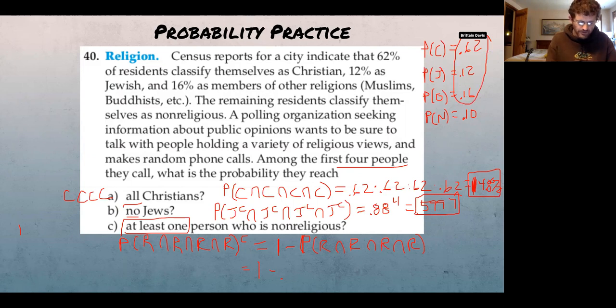That's 0.9 to the 4th power. So once you get the hang of it, it doesn't take a long time to do the calculation. It just takes a little bit the first few times. And I got 0.3439.